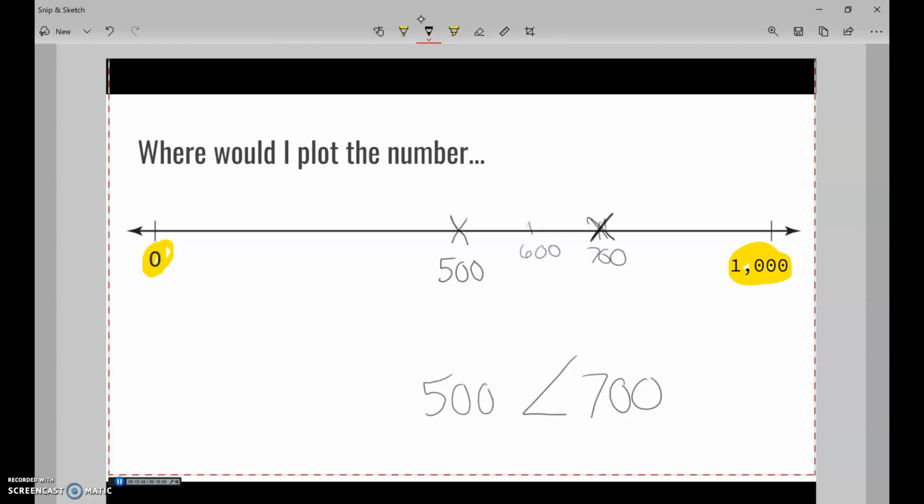I'm just looking for that number. Now, if I have 725, I have 800. I'm going to put 725 somewhere here. Closer to 700, but not closer to 800 because it has 2 tenths.